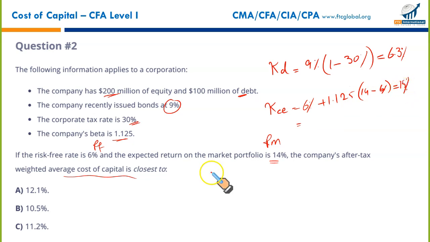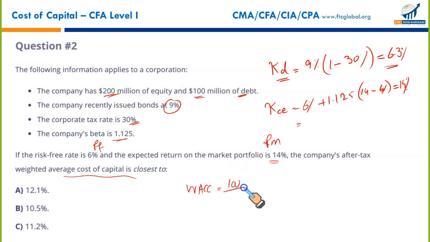The next step is to calculate the weighted average cost of capital. Remember, I have already calculated the after-tax cost of debt. Please do not bring in the after-tax factor here. 6.3 is already after tax. So I need to take the weightage of debt, that is 100 million out of the total 300 million fund.